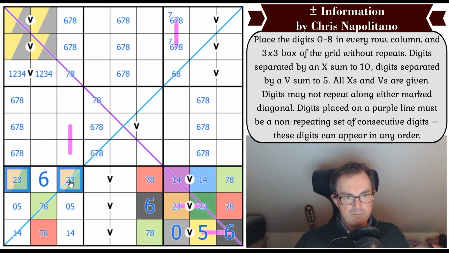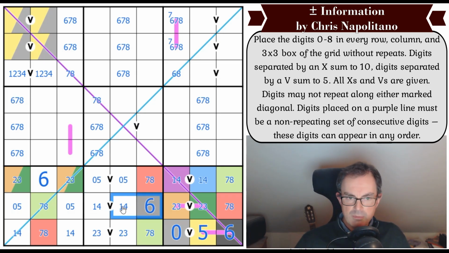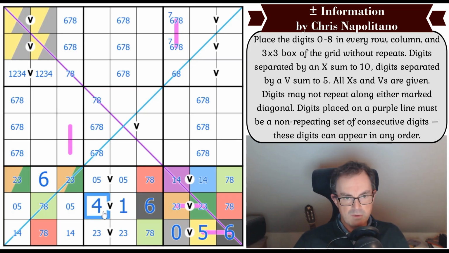Now, where do we go from here? This is a 2-3 pair. That's going to be useful because we're going to be able to colour this digit. My phone is going absolutely crazy, but I'm going to ignore it. Oh, look, it's much better. I can't make a 10 domino here, so this has got to be a 1. That's got to be a 4.